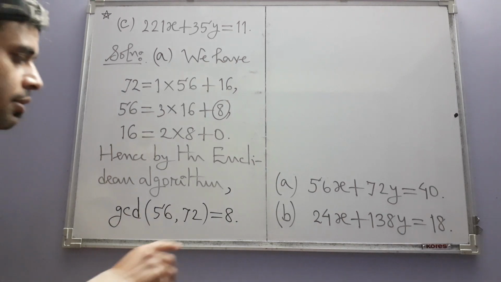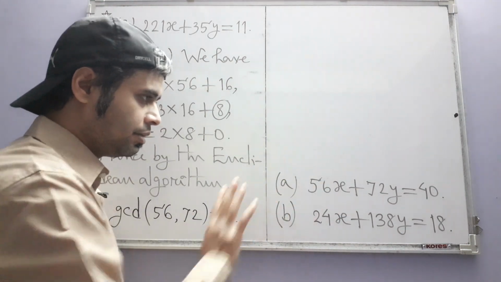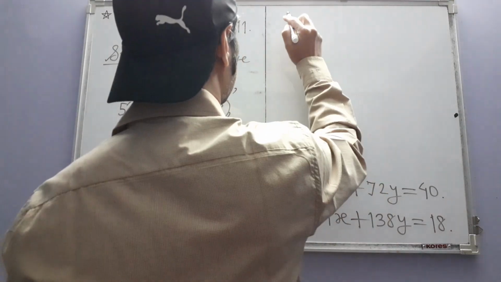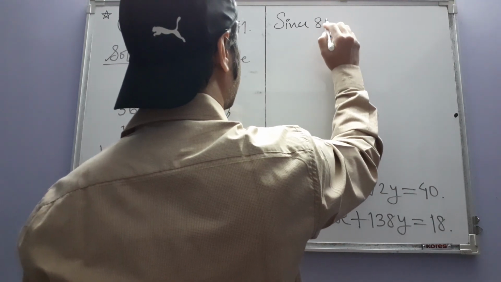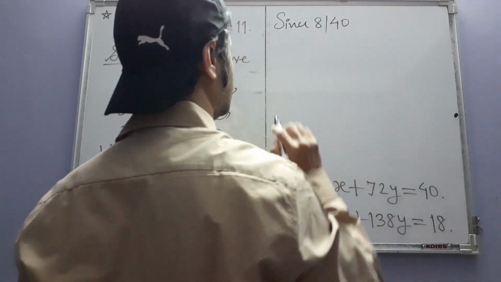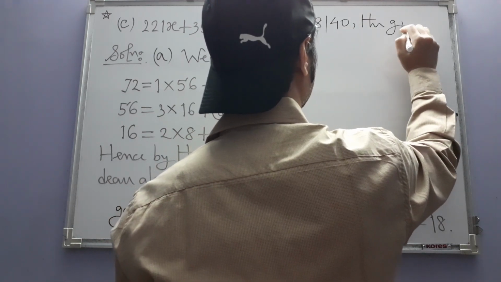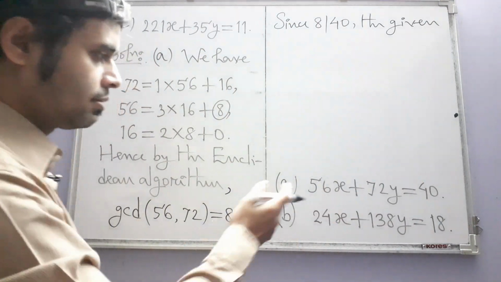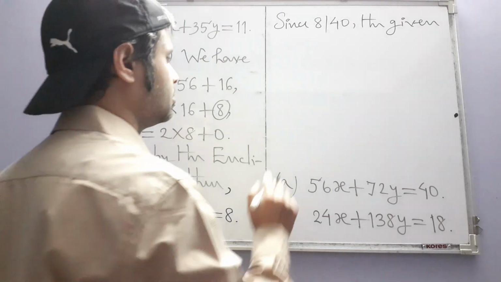And one more thing you should notice before doing all those things is that 8 divides 40, so actually the equation is solvable, since 8 divides 40. If you do not feel like writing the actual equation, you can just simply write the given equation.